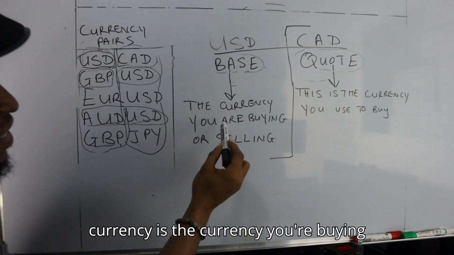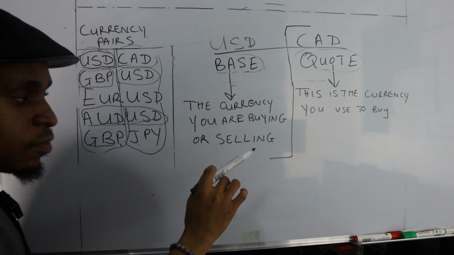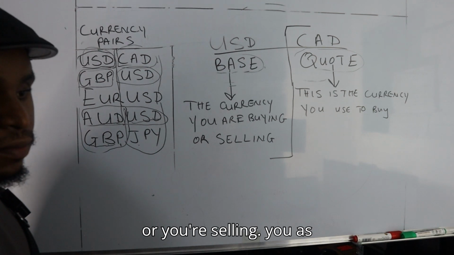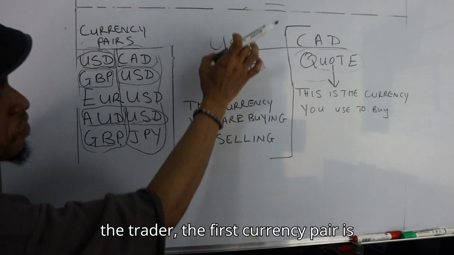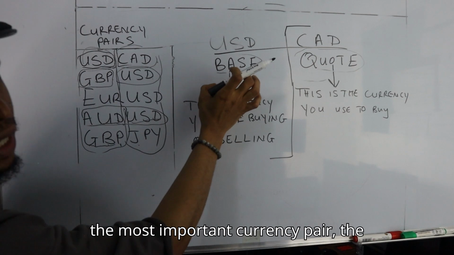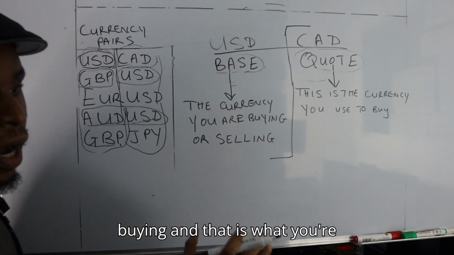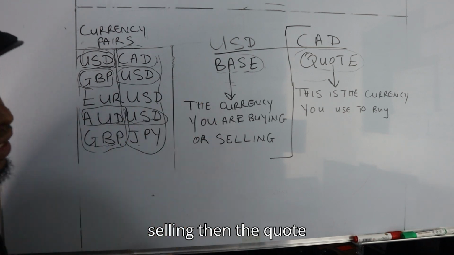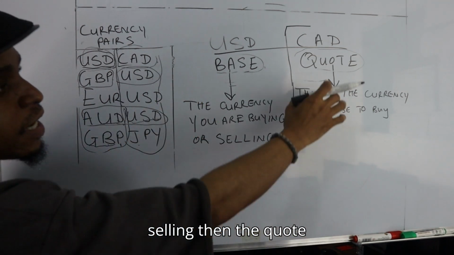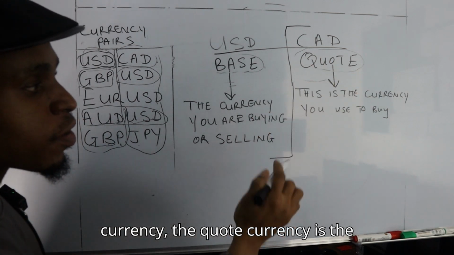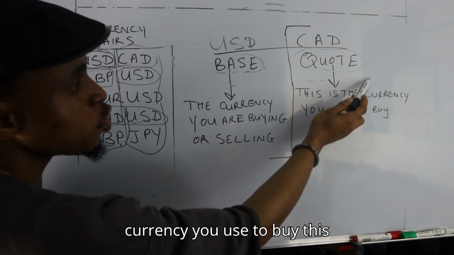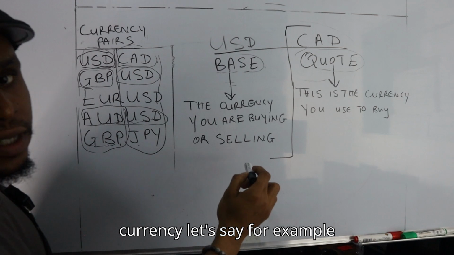This base currency is the currency you're buying or you're selling. You as the trader, the first currency is the most important, the base currency. So that is what you're buying and that is what you're selling. Okay? Then the quote currency. The quote currency is the currency you use to buy this currency.